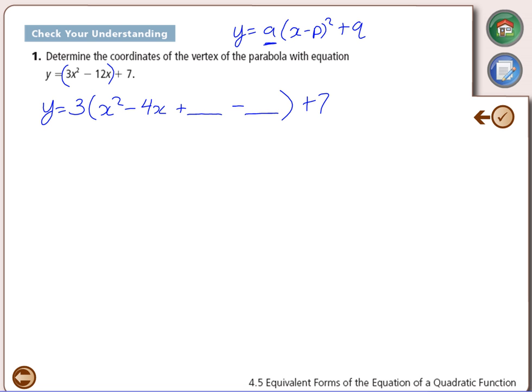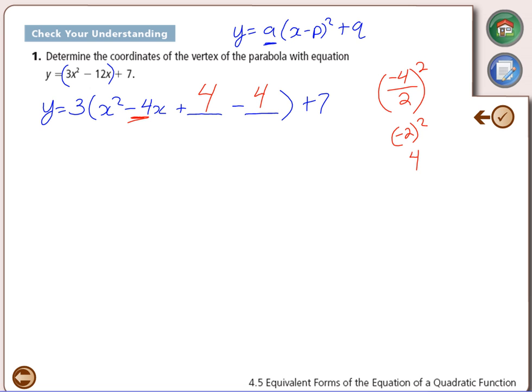Now what's that something again that we're going to put in and take away? Well, we're going to take our -4, divide it by 2, always divide it by 2, and square it. Same reason as what we did in chapter 3. -4 divided by 2, -2 squared gives me 4. 4 goes in, 4 goes out.